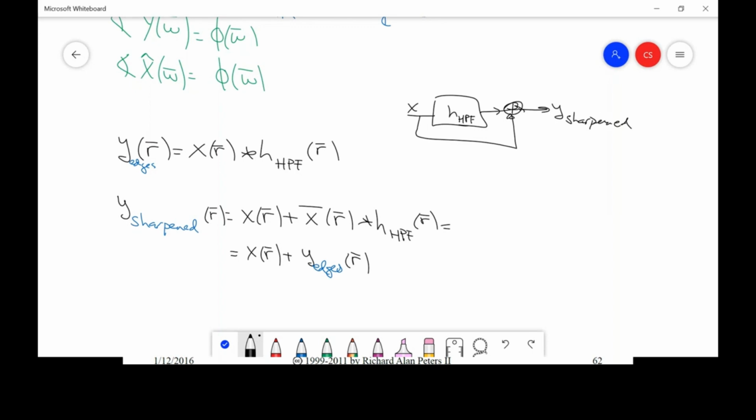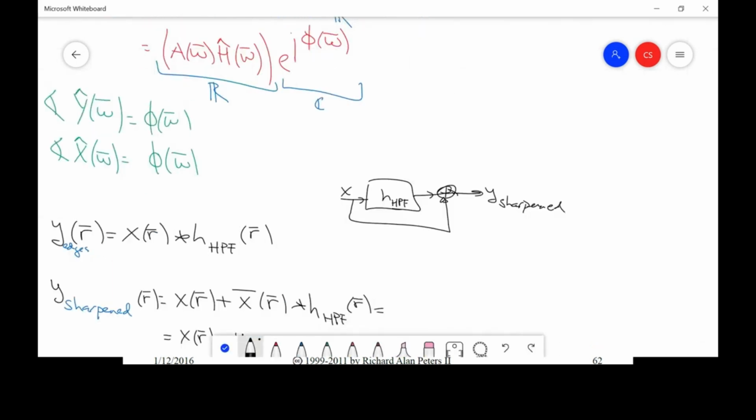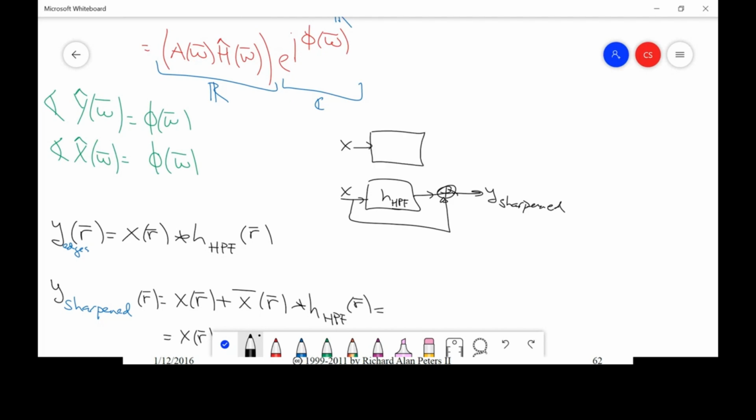So now, can I express this as a single system? Can I construct a system such that it goes into my system and it gives I sharpened? Or I always need this loop around. So what is H prime? Do you think we can or no?